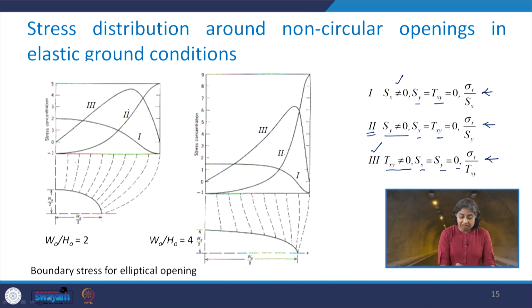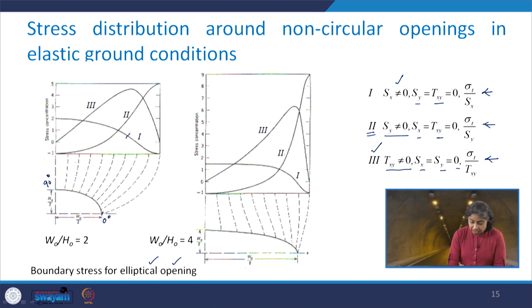So these three curves are there in each of the figures for different shapes of the opening where these cases are defined. For example, here we are dealing with the elliptical opening. So the stress distribution around the periphery of this ellipse starts from here with 0 degree and then goes up to here as 90 degrees.